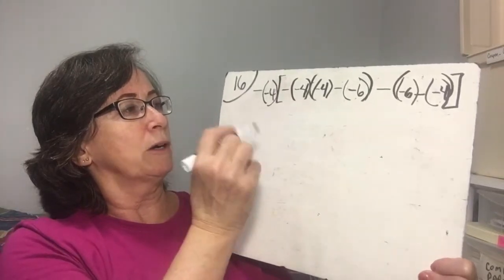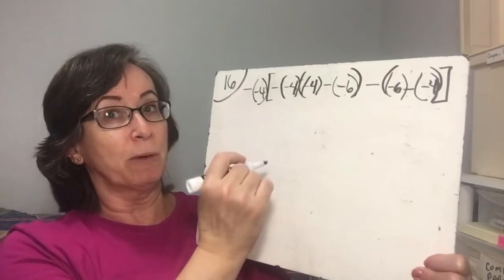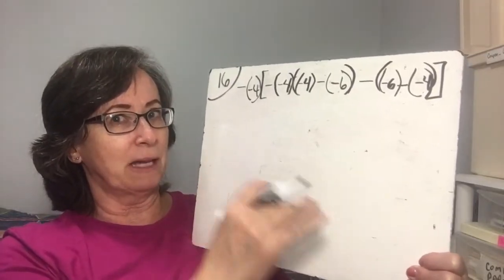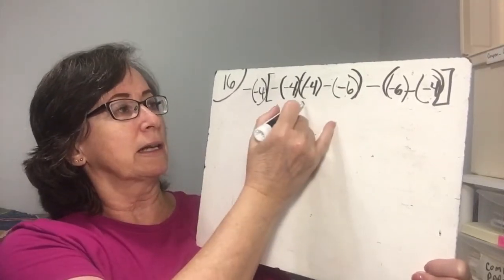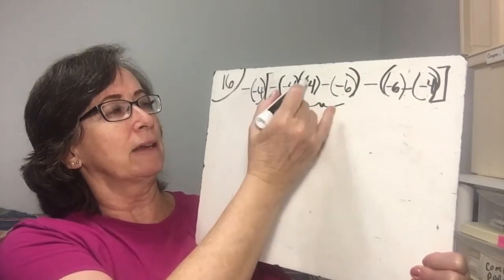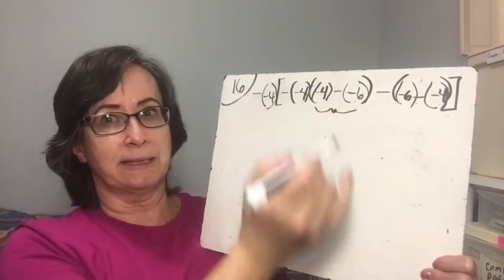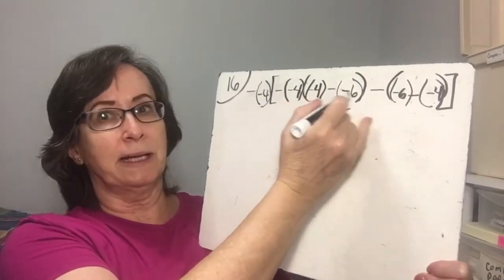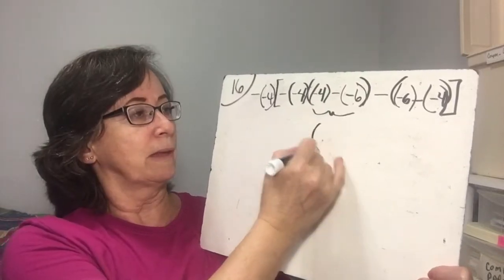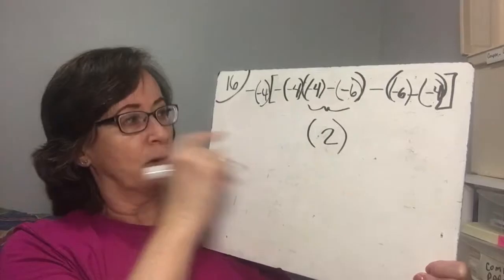Okay, so we're locating the innermost parentheses. Remember, once they're on the same level, we do them left to right. So we're going to look at this one right here. That's negative 4 minus a negative 6, which is negative 4 plus 6. And negative 4 plus 6 is 2. So I'm just going to replace this whole parenthesis with a 2.